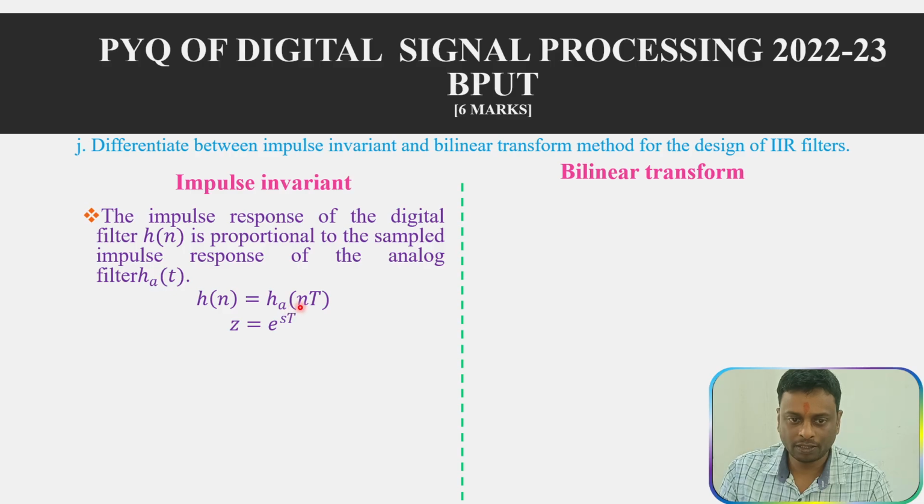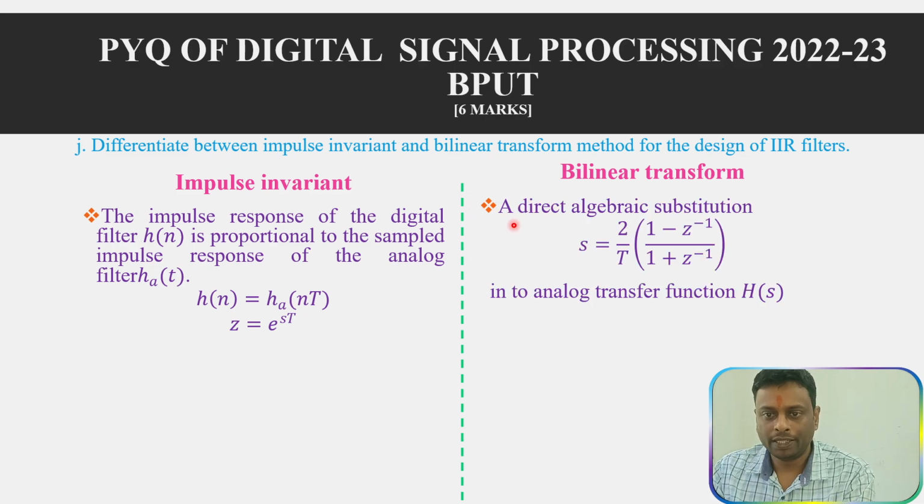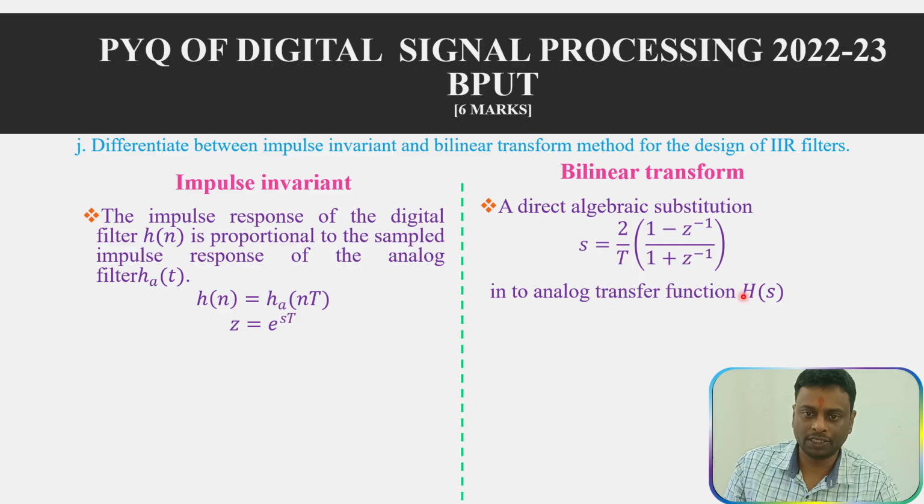This is the analog domain, this is the digital domain, and z is e to the power s t. In bilinear transformation, as we saw in the previous slide, we substitute s with 2 by t times 1 minus z inverse over 1 plus z inverse in the analog transfer function H of s.